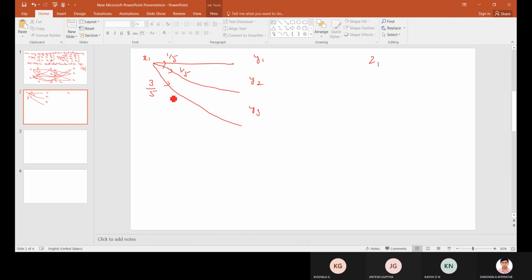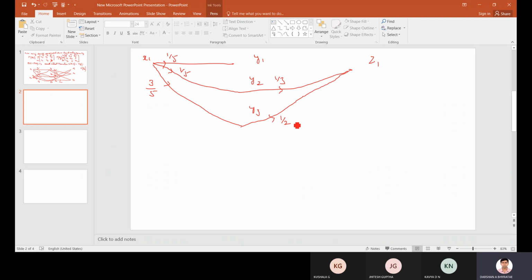Next we connect to z1. P of z1 by y1 is not given in the diagram, so there is no connection. P of z1 by y2 is 1 by 3, and P of z1 by y3 is 1 by 2.